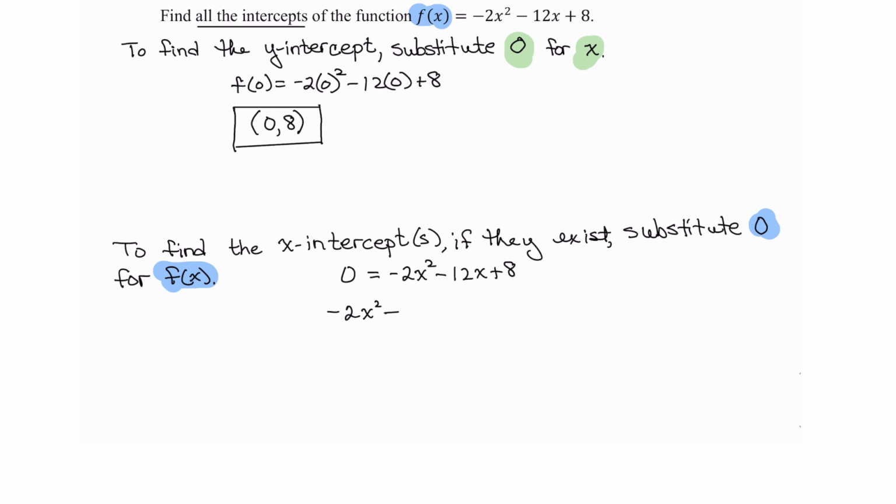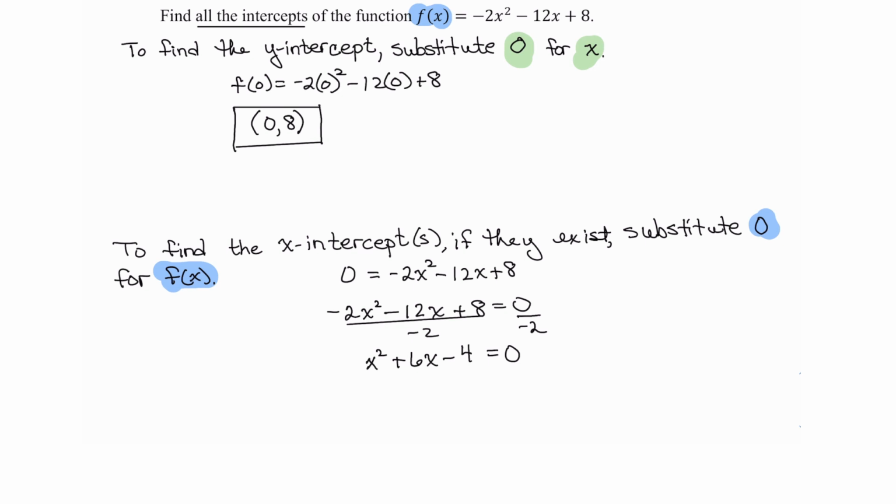So let's write it that way first, and then divide both sides by negative 2. And remember that means you're going to divide each term by negative 2. So I get x squared plus 6x minus 4 is equal to 0.